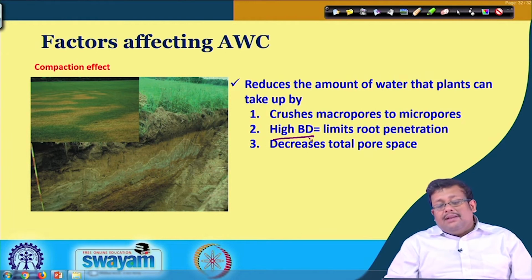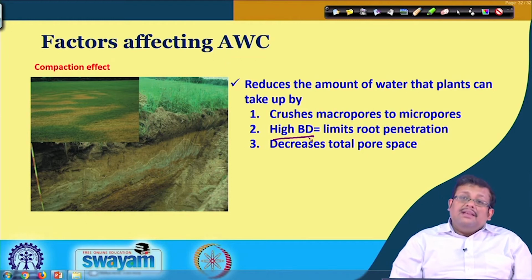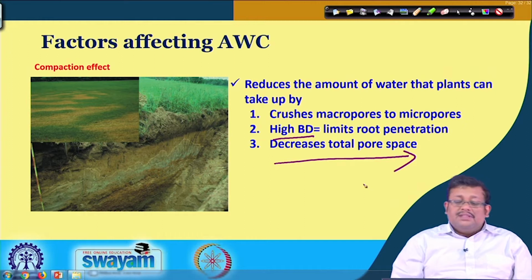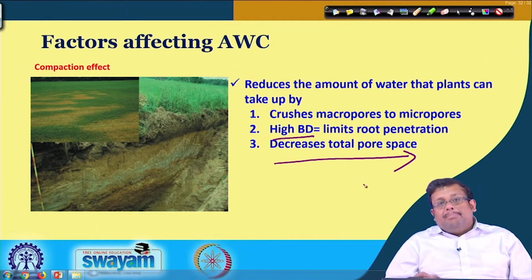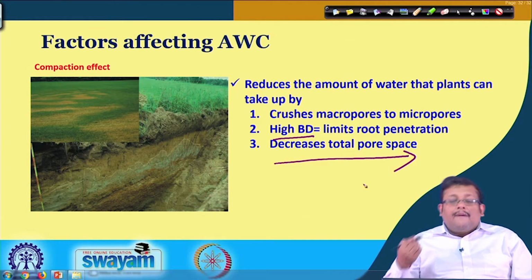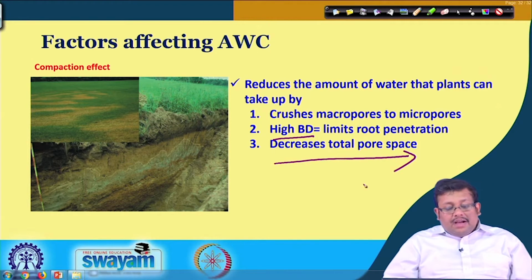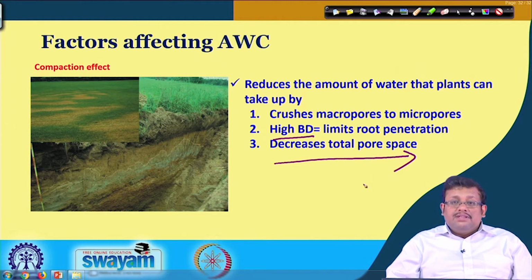High bulk density limits root penetration, and increasing the bulk density decreases the total pore space. So in these three different ways, compaction can harm the water holding capacity of the soil, and higher compaction also limits water infiltration and water movement into the soil.